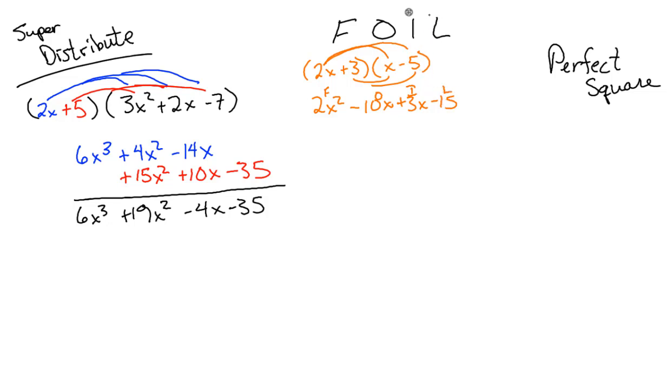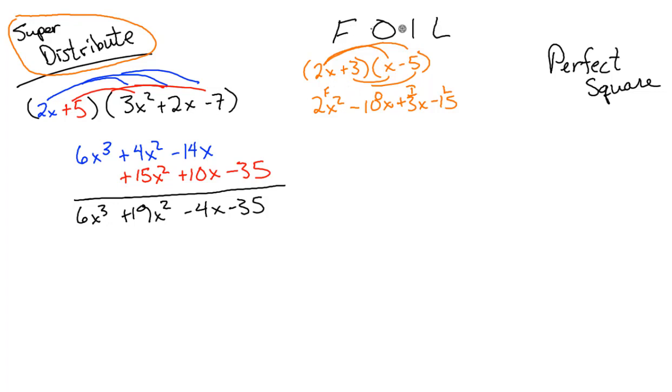Now the reason why FOIL is not really a math algorithm, a process, is that it's simply an acronym that helps you to remember to do all 4 of these terms. But notice how it doesn't apply over here. This is the concept, the one that stays true no matter what. Anytime you have polynomials or plus signs in what you're multiplying, then you super distribute.